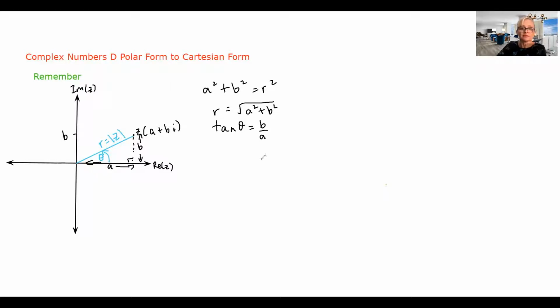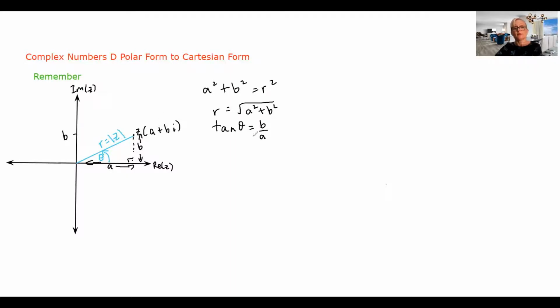But remember, we had to be very, very careful about doing inverse tan. If you do inverse tan on your calculator, it's unlikely to give you an exact value, and we want to deal in exact values if we possibly can. Your calculator will also only give you a value between 0 and pi.